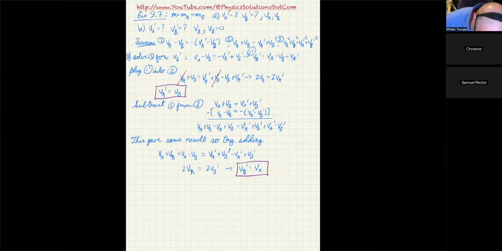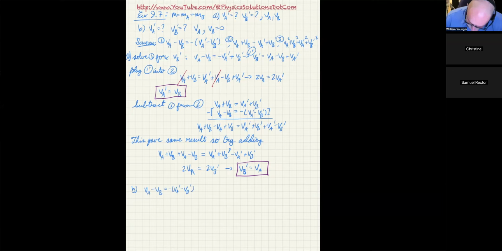Now for part B, we want to consider when the velocity of B is zero. So our equations are now VA minus VB is equal to negative VA prime minus VB prime.